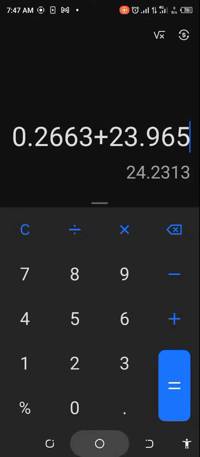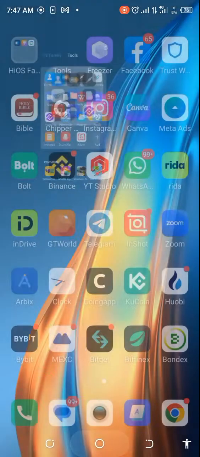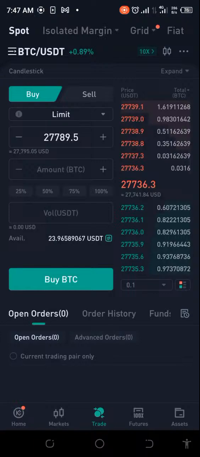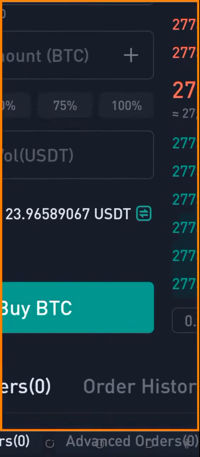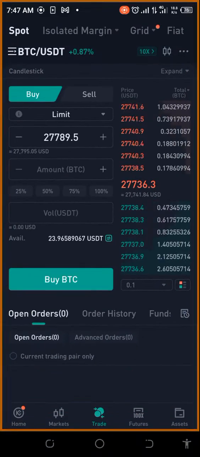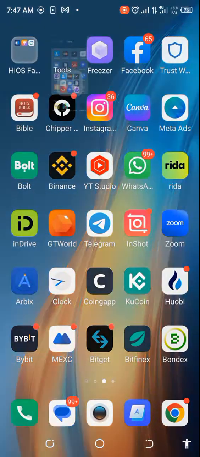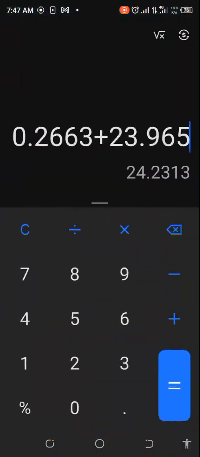Let me check so that we don't put in values that are not right. Okay, 9658. I'll just take four figures after that.